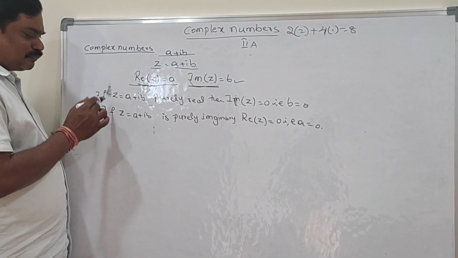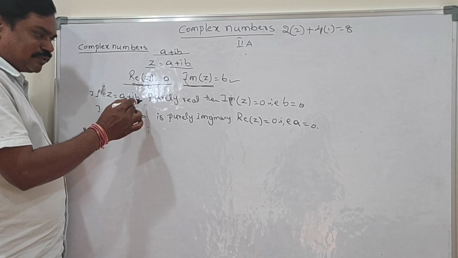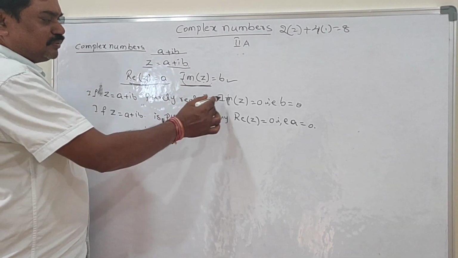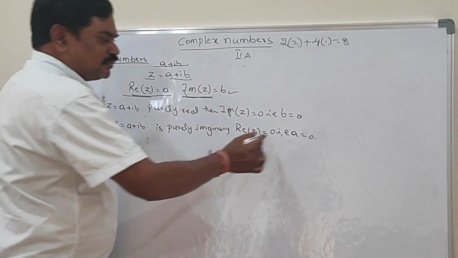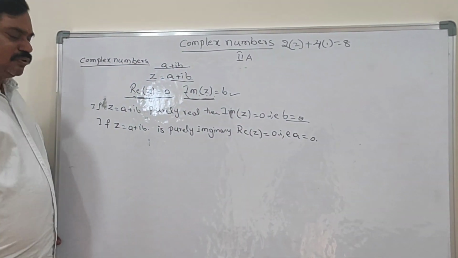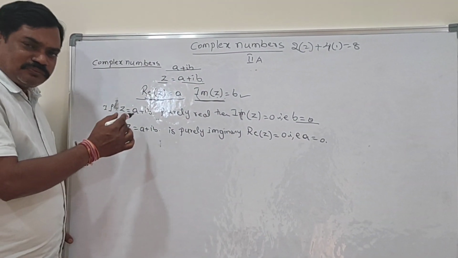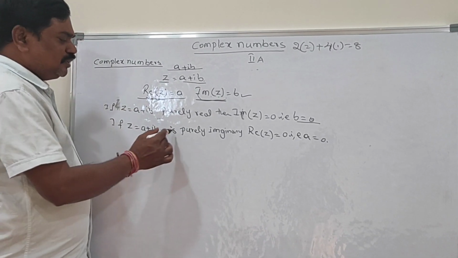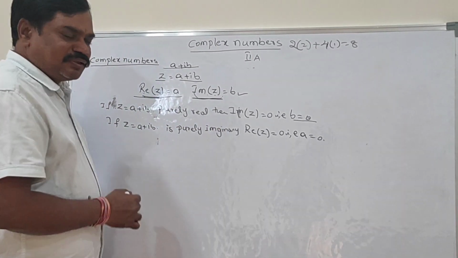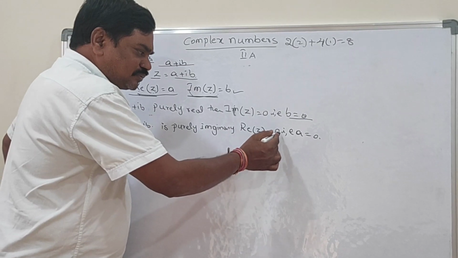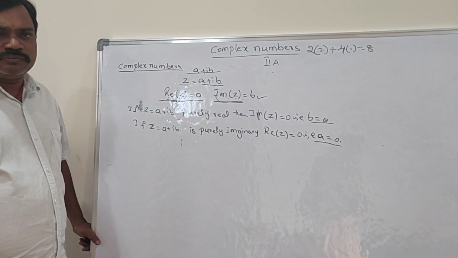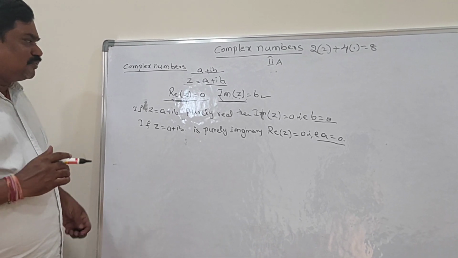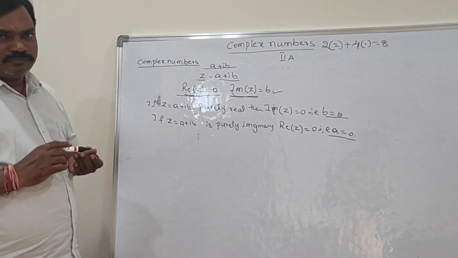If z is purely real, the imaginary part of z is equal to 0, that means b is equal to 0. If z is purely imaginary, the real part of z is equal to 0, that means a is equal to 0. This is the complex number.